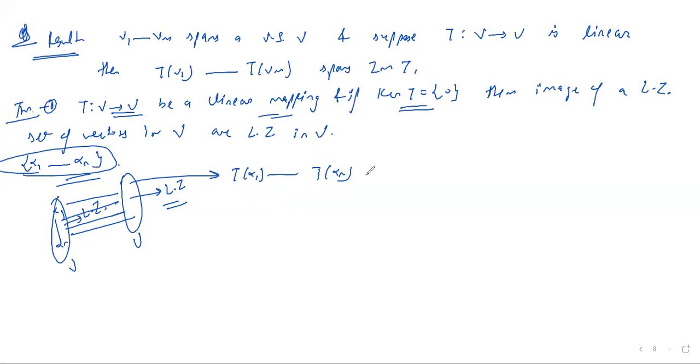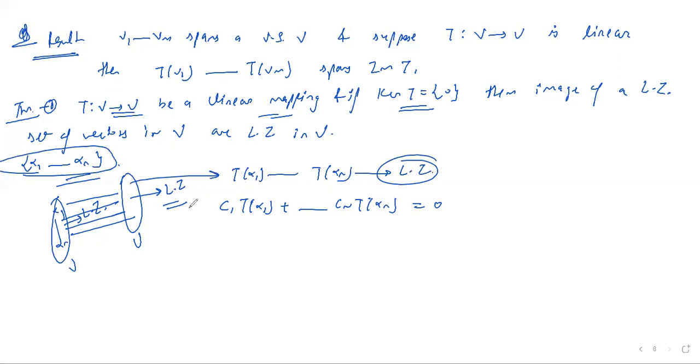So for checking the linear independence, we can write c1 T of alpha 1 plus up to cn T of alpha n equals 0, for the scalars. For linear independence, our constants c1, c2 to cn have to be all equal to 0.